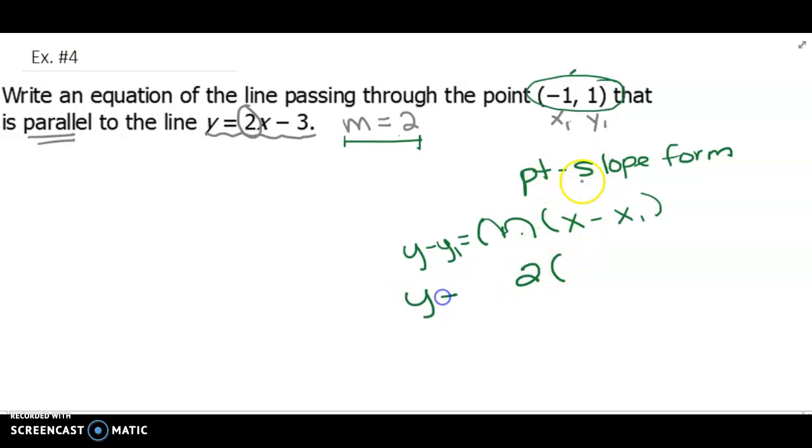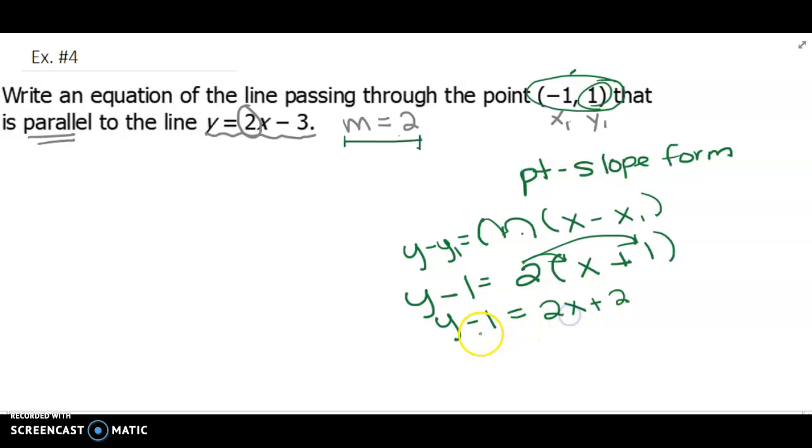So y minus my y1, which is 1, equals 2 times x minus my x1, which is negative 1, so minus a negative 1 is a plus 1. So I just want to simplify. y minus 1 equals, I'm going to distribute this through, 2x plus 2. Add 1 to both sides. So y equals 2x plus 3.